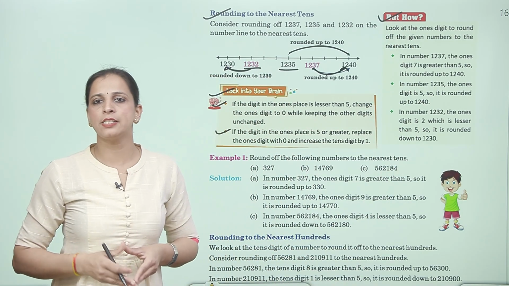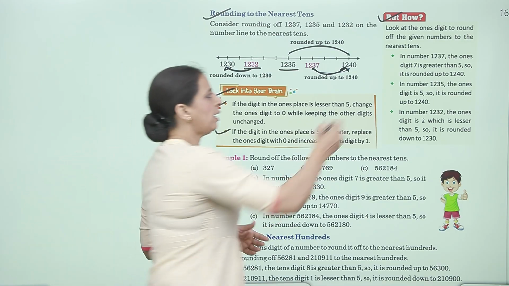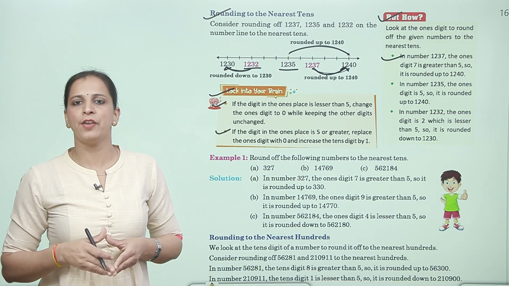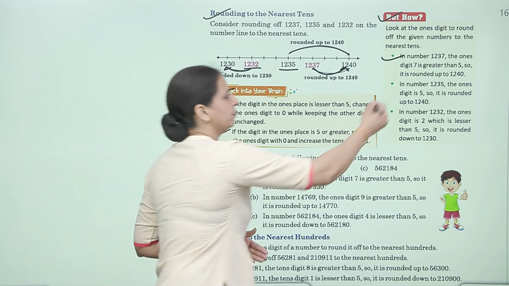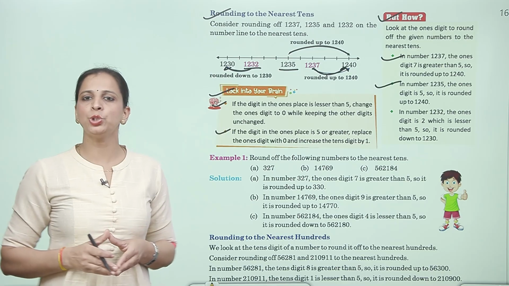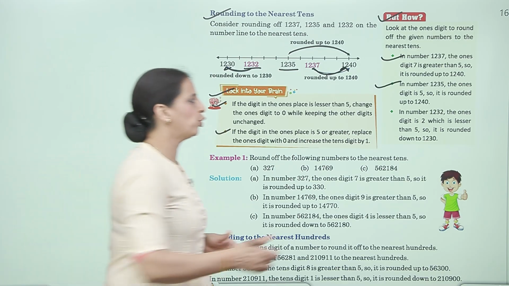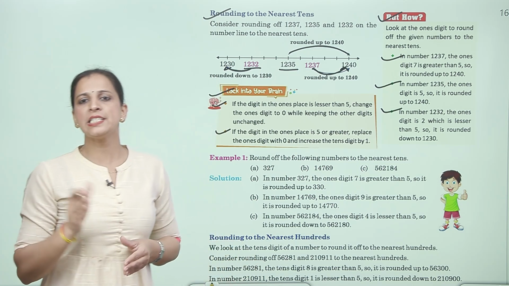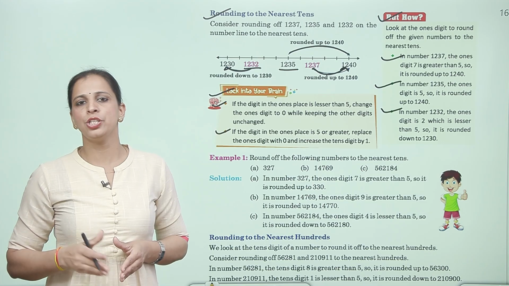Look at the ones digit to round off the given numbers to the nearest tens. In number 1237, the ones digit 7 is greater than 5, so it is rounded up to 1240. Next, in number 1235, the ones digit is 5, so it is rounded up to 1240. In number 1232, the ones digit is 2, which is lesser than 5, so it is rounded down to 1230.